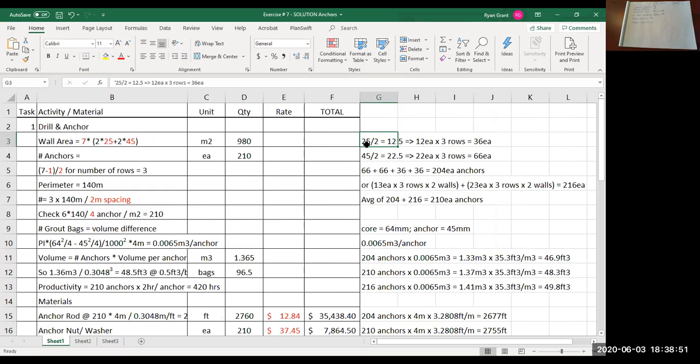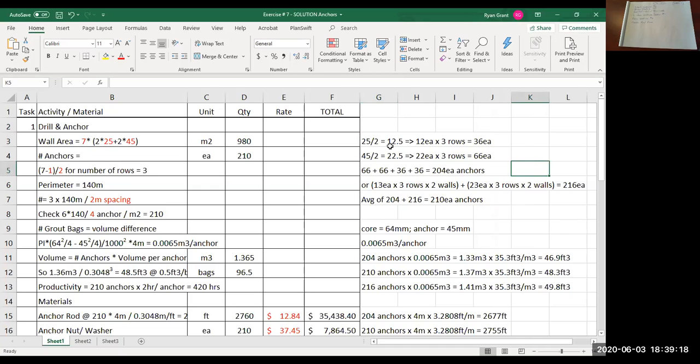So you did a 25 meter long wall, you divided by 2 meter anchor spacing to give you 12.5 anchors times 3 rows. So depending on how you rounded the 12.5, if you went down to 12 or if you went up to 13. So if you rounded down and you went through that calculation, you would have got 204 anchors.